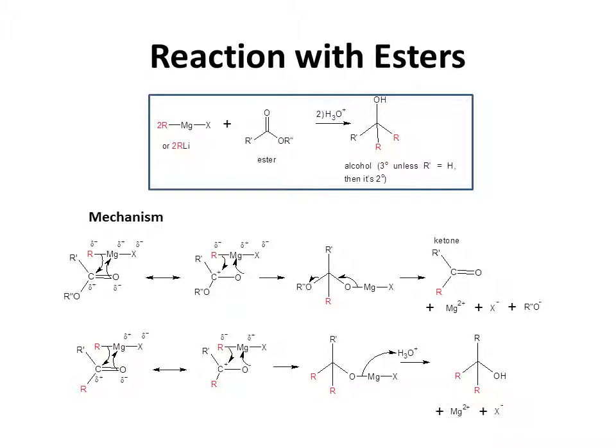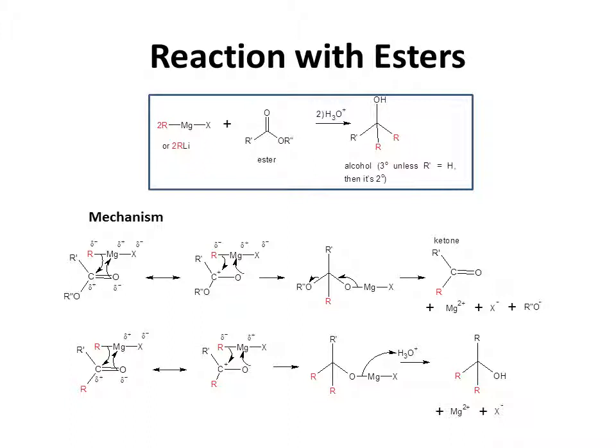Now for the reaction with esters. It takes two equivalents of either a Grignard reagent or an organolithium reagent to react with an ester, because we're going to make two carbon-carbon bonds. The OR prime group in an ester is going to be our leaving group, and that's going to be displaced.